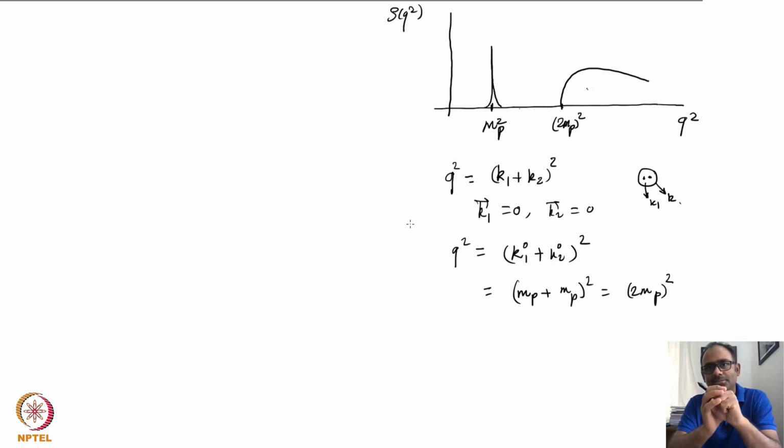Now a bound state is more like a single particle state, right? Because that bound state is going to move as a whole. You can assign a momentum to that entire atom, you can assign an energy to that entire atom, and you can see that bound state as a single particle.